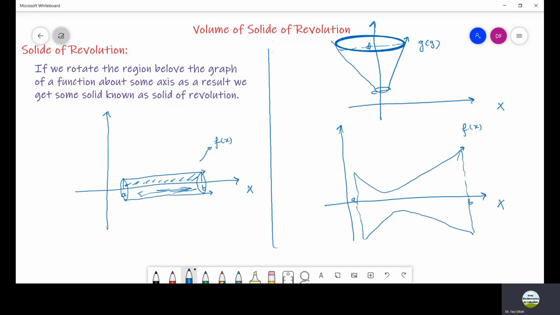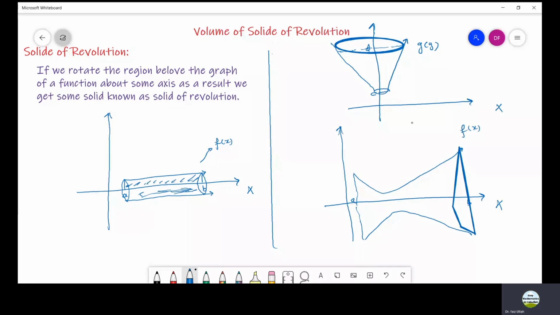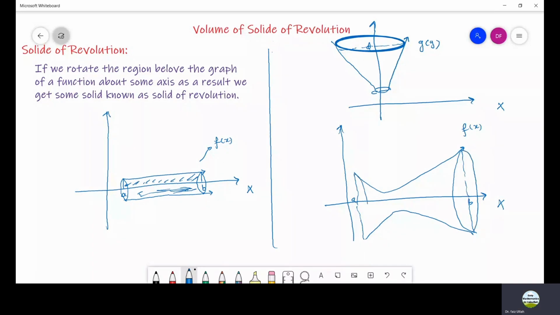As a result, again, we get some solid thing like this one, and that thing is called solid of revolution. So in this lecture, we shall study different methods to find volumes of such type of solids.